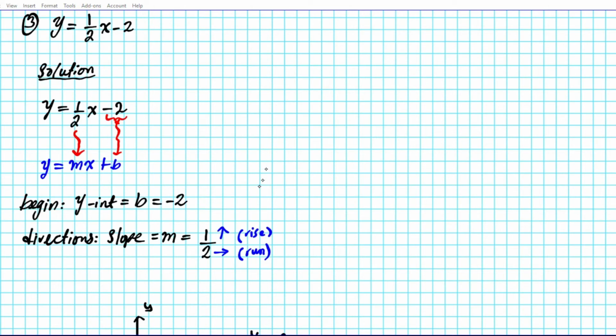What if we have a fractional slope that is negative? How are we going to graph that? Let's say we have y equals -4/3 x plus 3. Alright, so to do this, let's rewrite the problem, y equals -4/3 x plus 3.